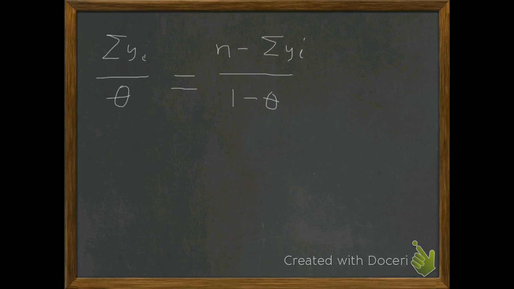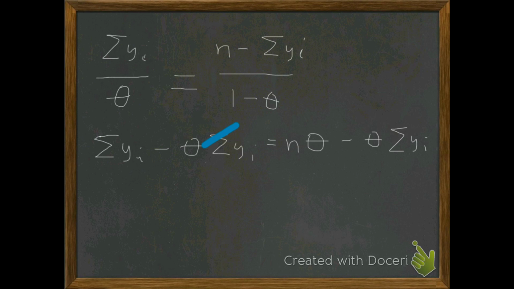Okay, so let's do a little cross multiplication. So we're going to get the sum of the y sub i's minus theta times the sum of the y sub i's equals n times theta minus theta times the sum of the y sub i's. Well, we got something really cool here, right?